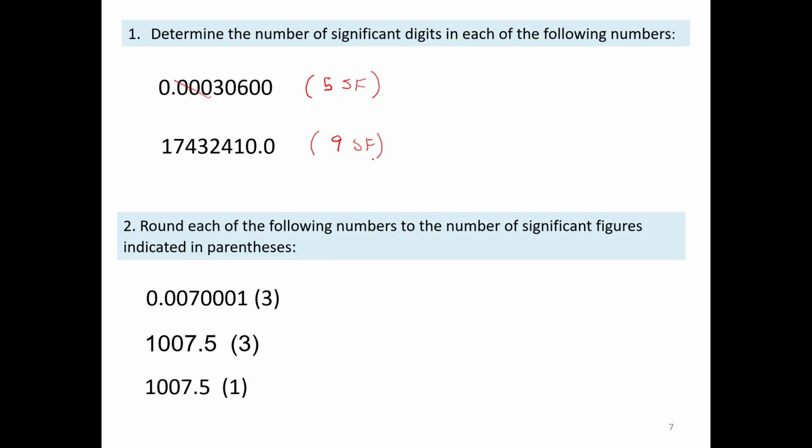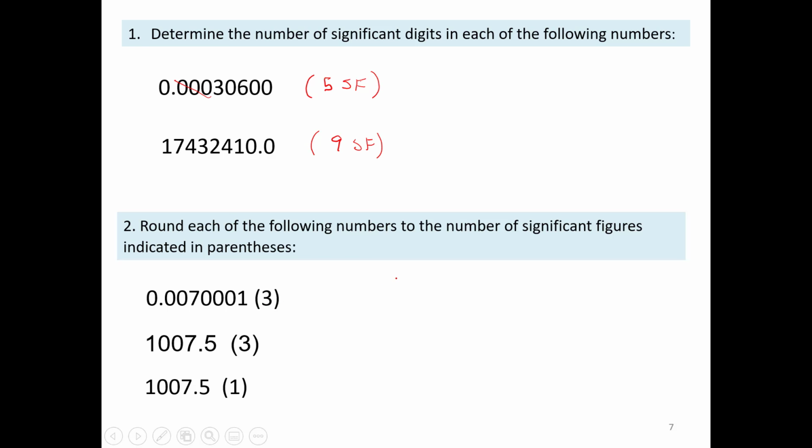Now, in the second one, this is something we have to do many times when we are doing problems. We need to round the numbers to some number of significant digits, and we want to round this number to 3 significant digits.